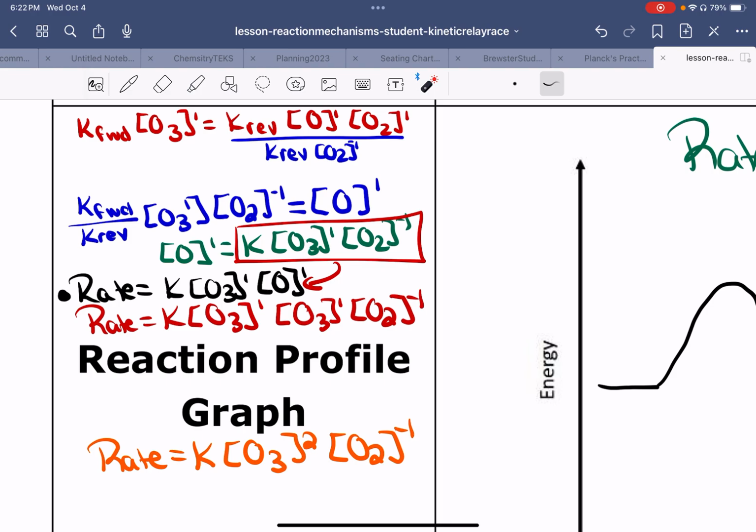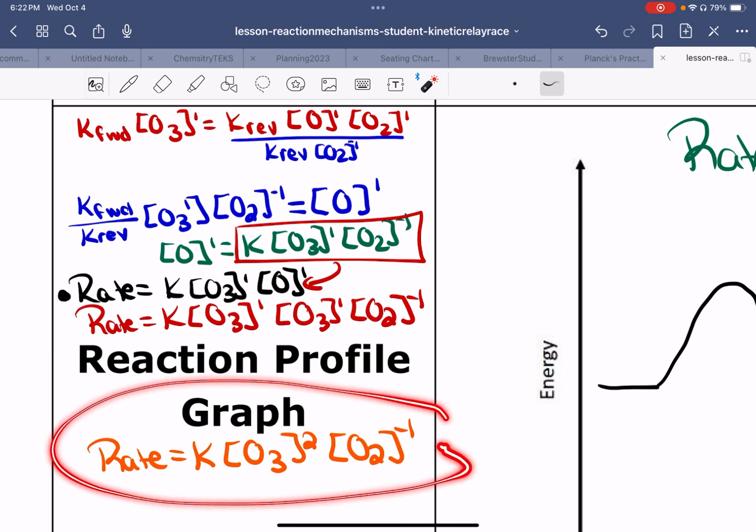Now, based on experimental data, it's found that the rate law for the decomposition of ozone without chlorine is rate equals O3 squared times O2 to the negative 1. Ozone is second order while oxygen inhibits the reaction. Since this is a negative 1, that means it inhibits the reaction.